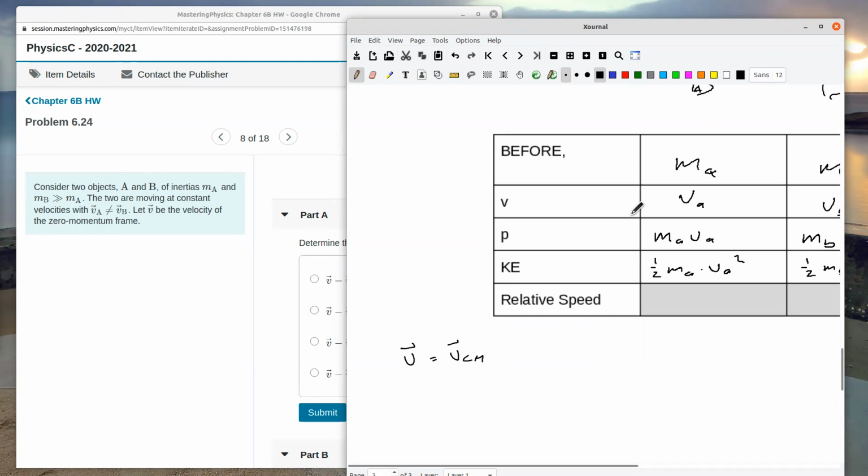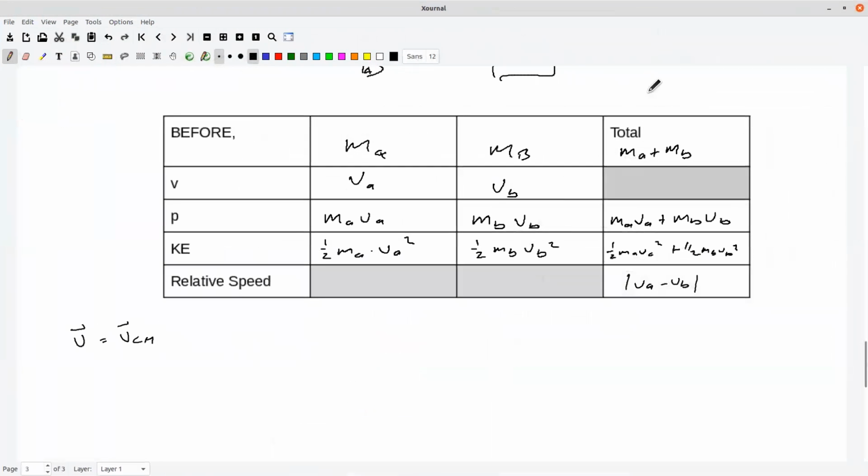Okay, so the V they want is the same thing as the velocity of the center of mass. What is the velocity of the center of mass? Well, we've figured out some shortcuts for that: it's the total momentum of the system divided by the total inertia.